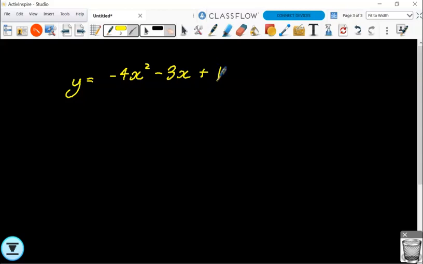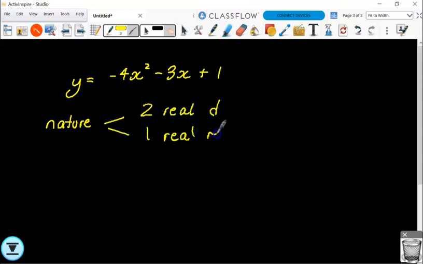And the question might then go, explain or describe the nature of the solutions. I don't actually want the solutions, I just want to know the nature. So in other words, is it 2 real, distinct? Is it 1 real, repeated? Or is it no real? So what would you have to do in that case?